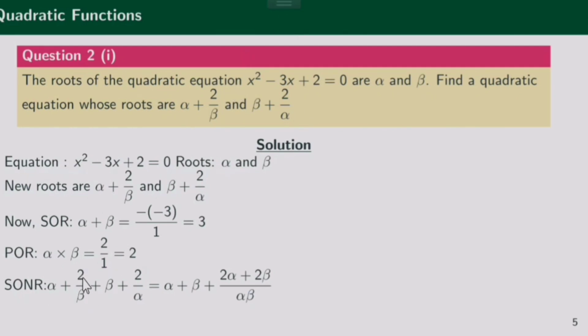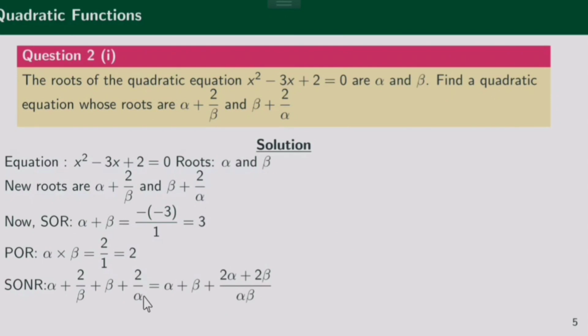So I'll have alpha plus 2 over beta, then plus beta plus 2 over alpha. Then I will bring these two terms together, alpha plus beta, because I know its value as 3. So I'll have alpha plus beta, then plus, I'll find the LCM of these two fractions. Of course, the LCM of alpha and beta is alpha beta. Alpha beta divided by beta gives alpha times 2, 2 alpha.